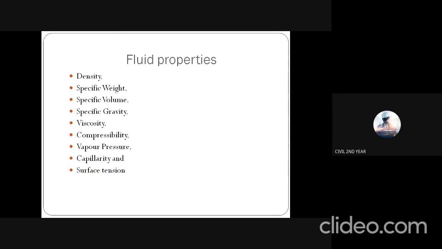These are the basic properties studied for fluids. What are those? First is density, second is specific weight, third is specific volume, fourth is specific gravity, fifth is viscosity, then compressibility, vapor pressure, capillarity, and surface tension.